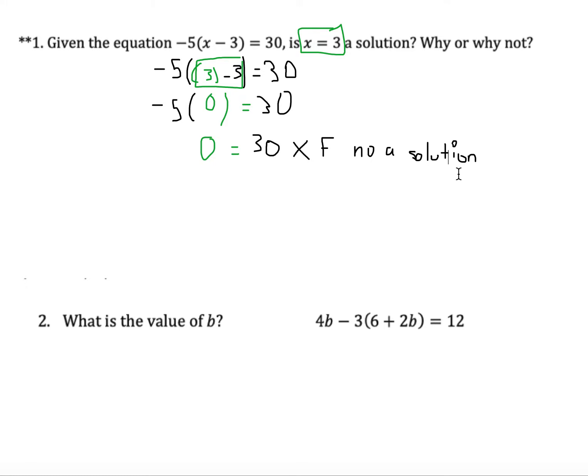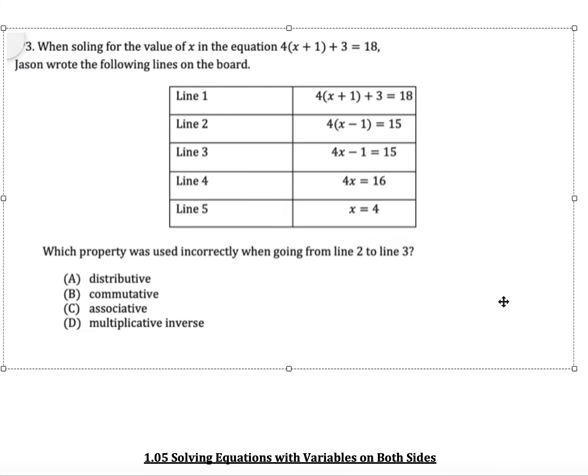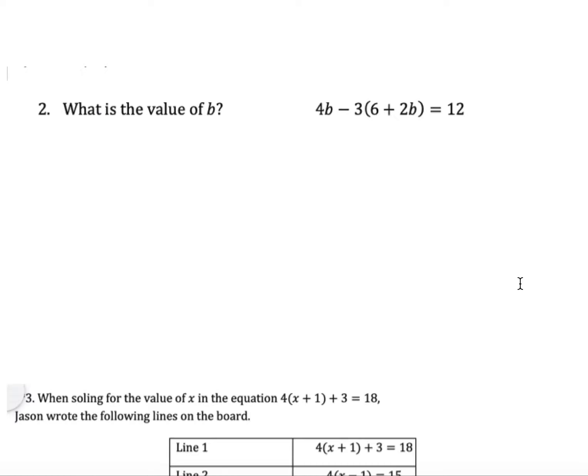And yeah, so now we go on to number 2. What is the value of b? Well, because here I have two separate terms, and they are able to have a combined like term, I do need to distribute here.